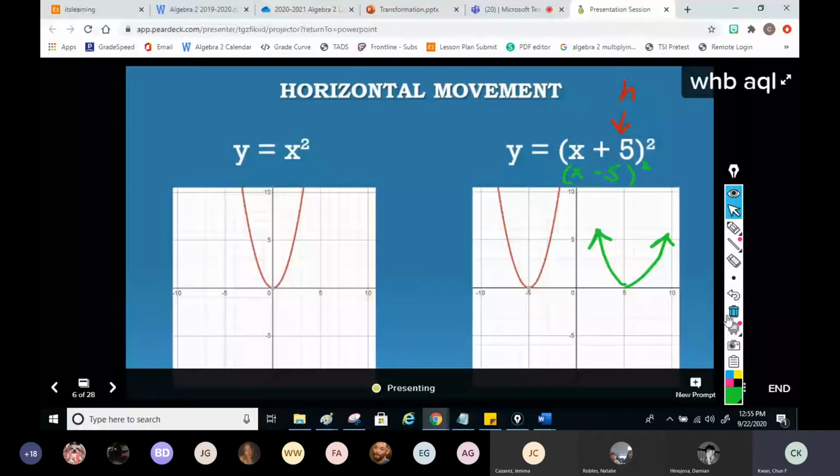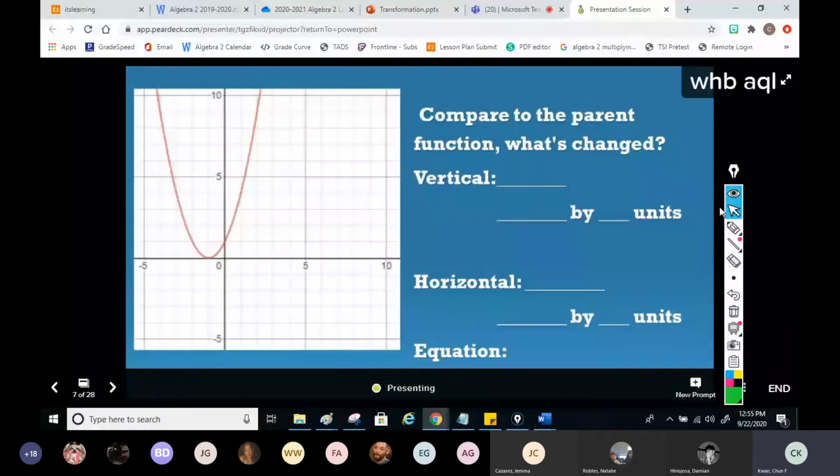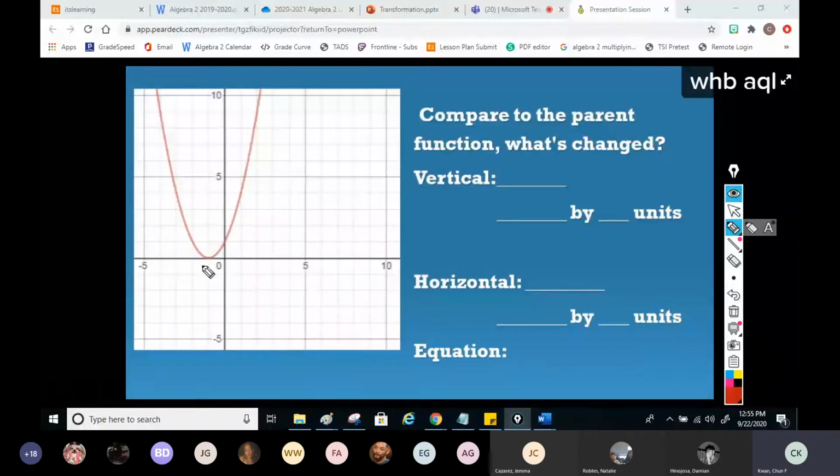All right, now let's actually look at an example. Let's check out an example and then see how do we work this out. So right here, I have a graph on the left, and then first of all, we know this is not the parent function because the vertex is not at 0, 0.